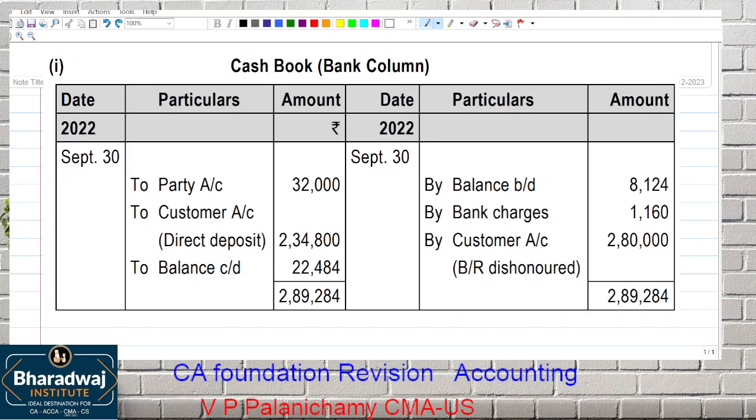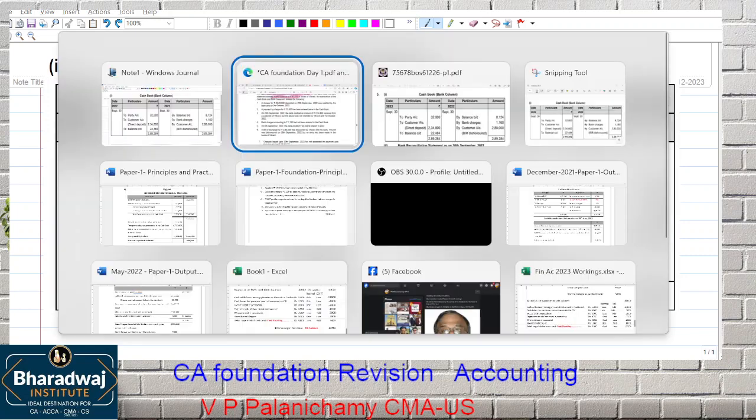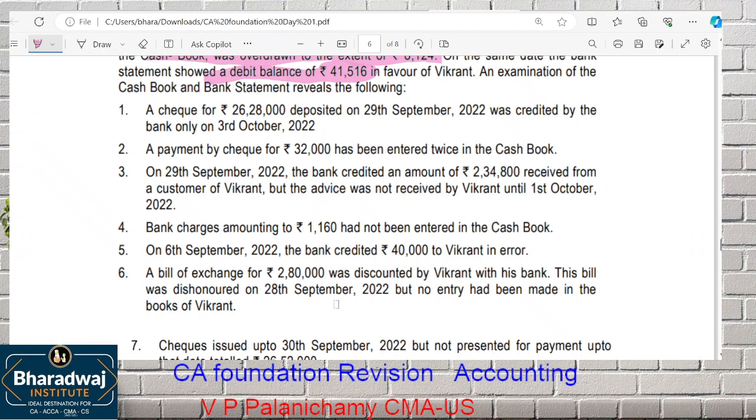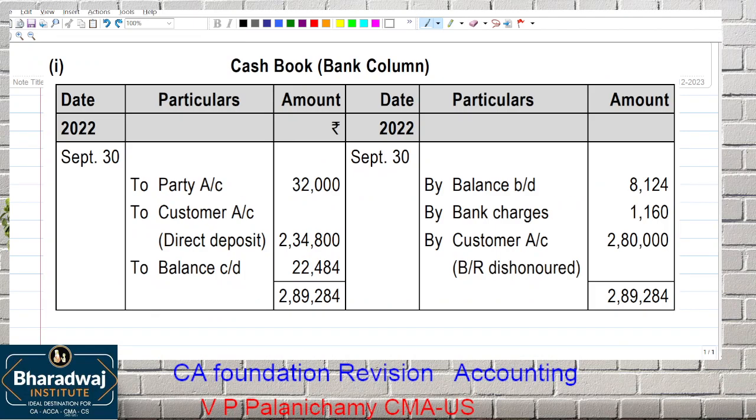Credited 40,000. Errors. It is just an error, not a realized transaction. It's an error done by the bank, so we cannot include it in the cash book. But in the reconciliation that will come.